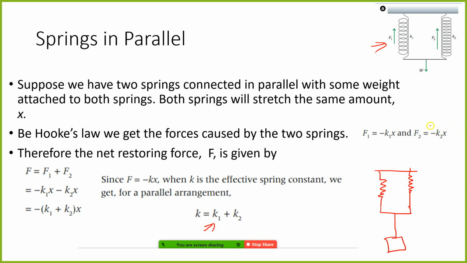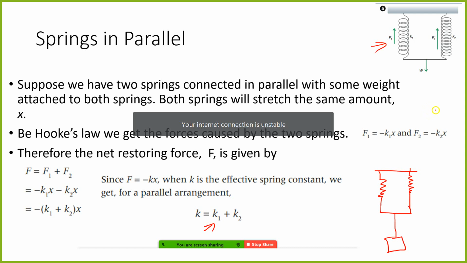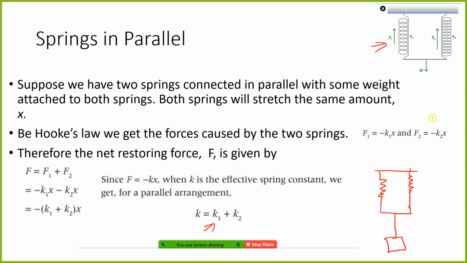Now, having said that, we can consider a thing such as the net restoring force, right? The net restoring force is simply adding all the upward forces, because those forces would be the restoring force.